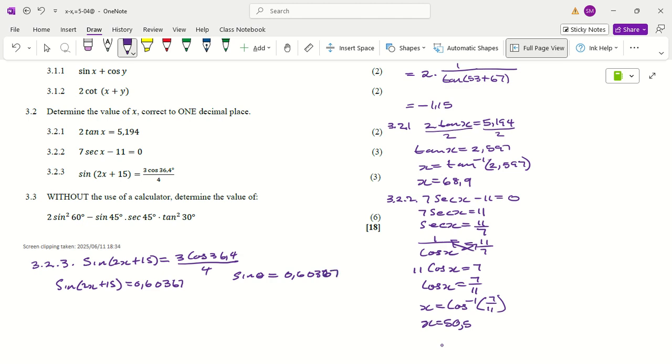Now if you look at this, this would be sine theta is equal to 0,60367. So what I need to do now, I need to say that theta is equal to shift sine and put in this value. My theta here is 2x plus 15, so I press shift sine, and then I have 0,60367. So that is how I do it.